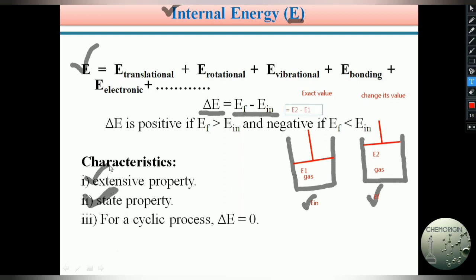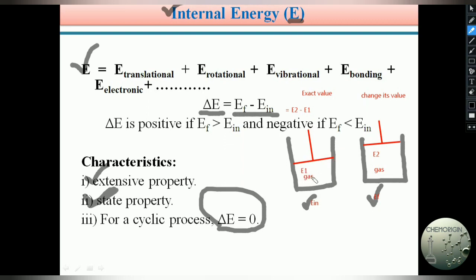Students, please remember, internal energy is an extensive property and it is a state function. And for a cyclic process, delta E, the change in internal energy, is 0. Because suppose in this example, gas is expanded from here to here. So the piston comes here, and after that again the piston comes to its initial position, and again its internal energy value is E1.